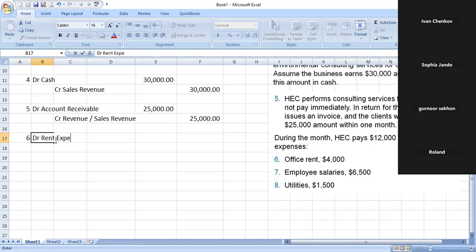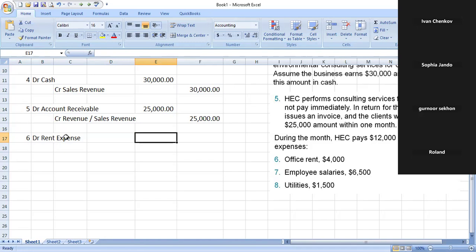Now, one thing I want you to understand is how I'm going to mark your exams, your tests. When it comes to the journal entry, if it's related to expense, I want to see the word expense. If you only put rent, then I don't know what it is.